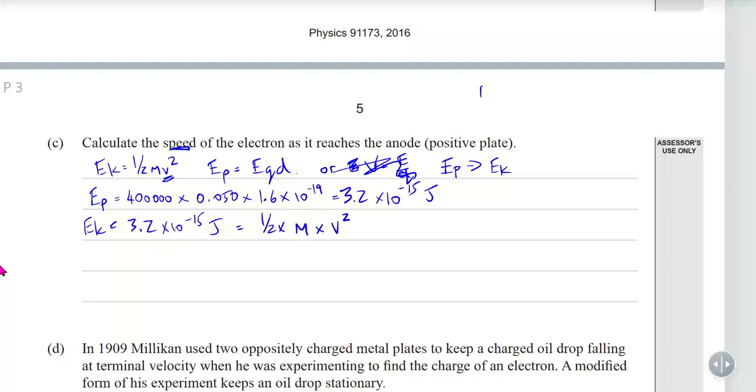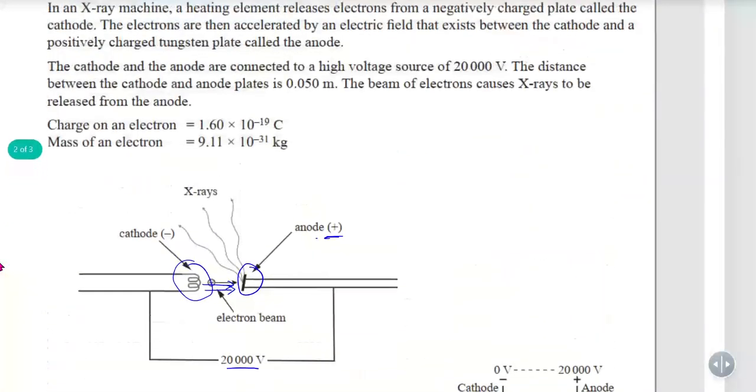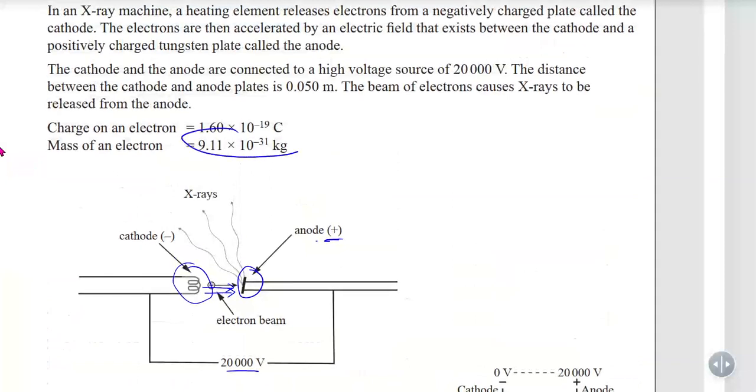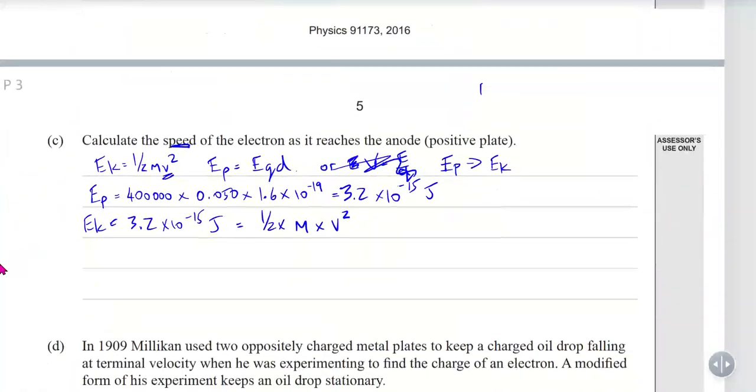We want V, so we're going to do a bit of rearrangement. We also want to substitute our mass in. Where are we going to get the mass from? That's in the question. Mass of an electron, here it is: 9.11 times 10 to the minus 31 kilograms.